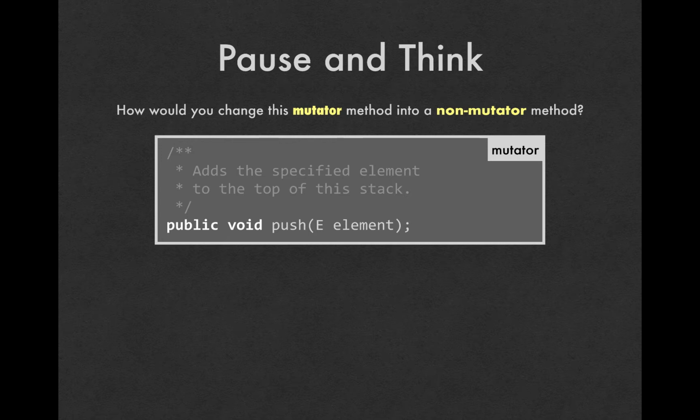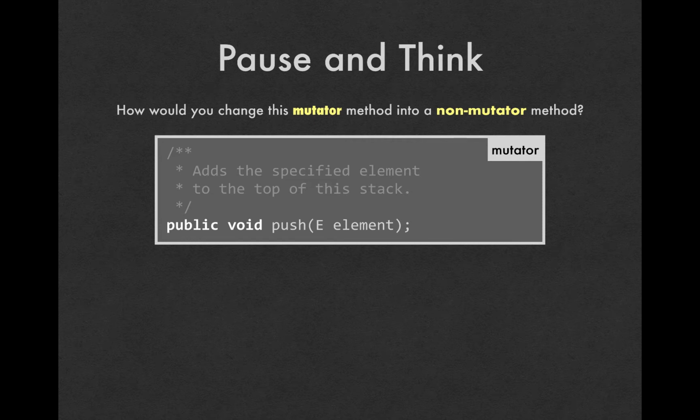Okay, the push method is mutable. It modifies the stack object by pushing an element onto it. We need a method that does not modify the stack object. But for the method to make sense, we also need access to a stack object that is the same as the original stack, except that it has that extra element.